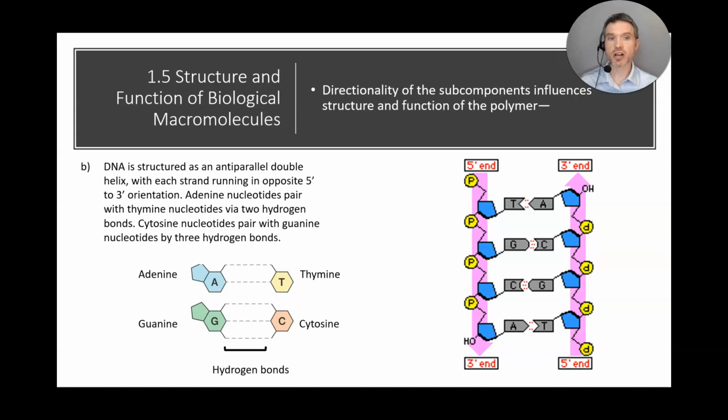What you'll notice on the right hand side of the slide is that when we have two nucleotide strands forming the DNA double helix, they run in opposite directions, such that one end goes 5' to 3' and the other one runs anti-parallel 3' to 5'. You'll also notice that our nitrogenous bases protrude into the middle of the molecule. Those are like the rungs on a ladder.